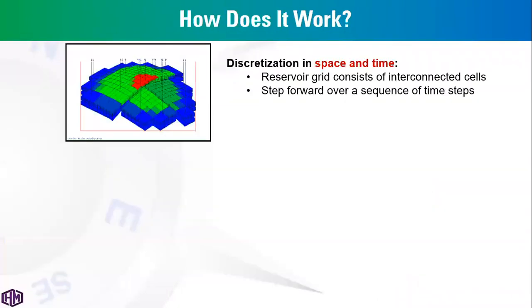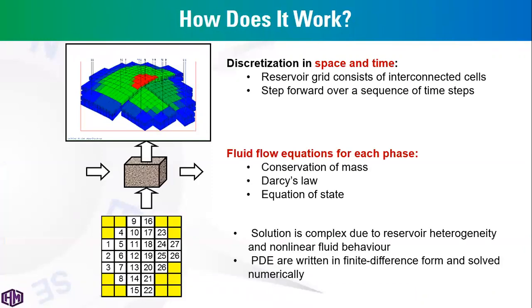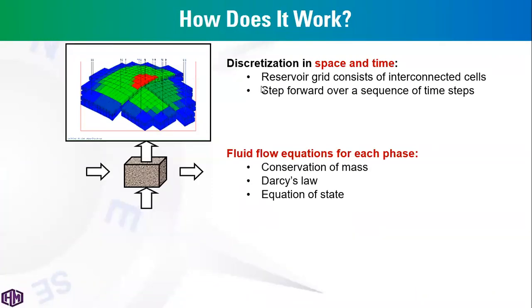So in simulation, simply, we have discretization, which means we subdivide the reservoir into specific rock units or grid cells or grid blocks, as you can see. So this is the discretization in space, and we build a specific partial differential equation or simulation equation in terms of the pressures and saturations.